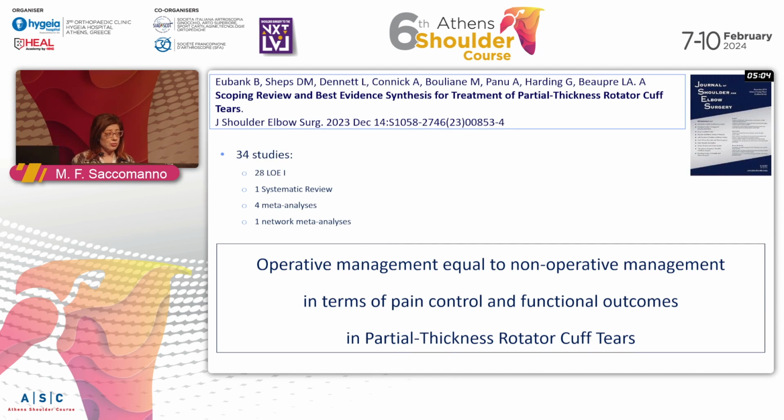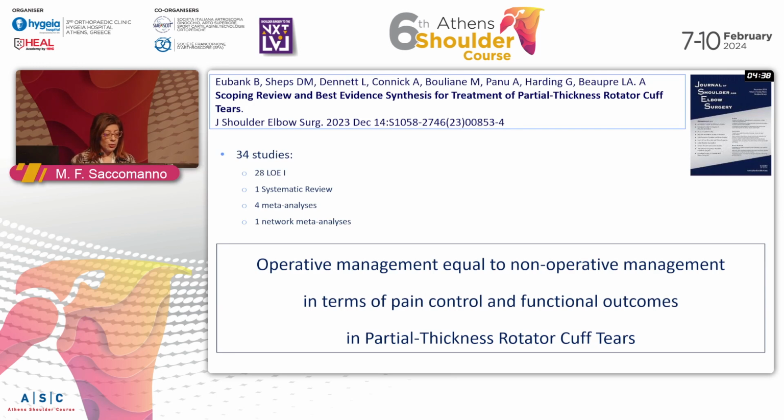Let's focus on the treatment now, and what we can say we already anticipated. I would say that the first treatment for a partial rotator cuff tear is usually a conservative one. This scoping review showed that even when comparing the results from operative and non-operative management in terms of pain control and functional outcome, there is no difference between the two lines of treatment.